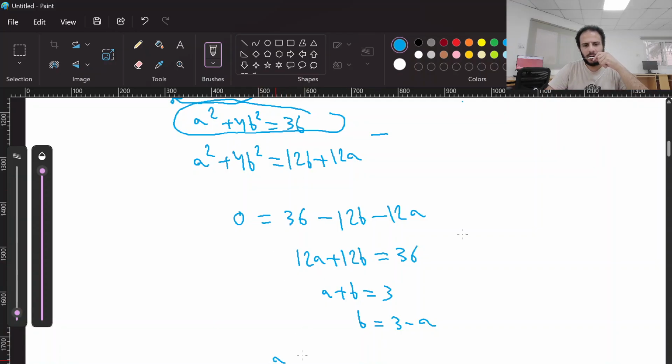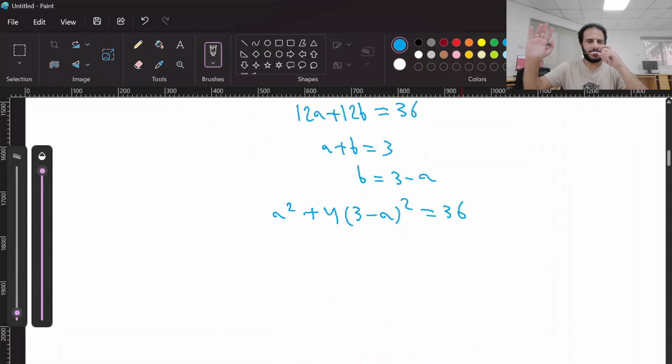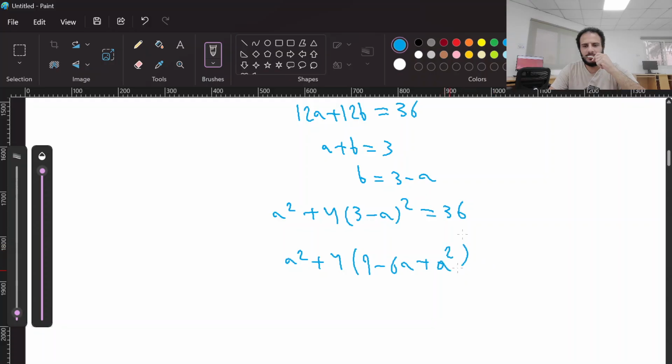You get a squared plus 4 times (3 minus a) squared equals 36, right? Let's hope it's right. Yes, it's right. Now, multiply this. You get a squared plus 4 times (9 minus 6a plus a squared) equals 36.